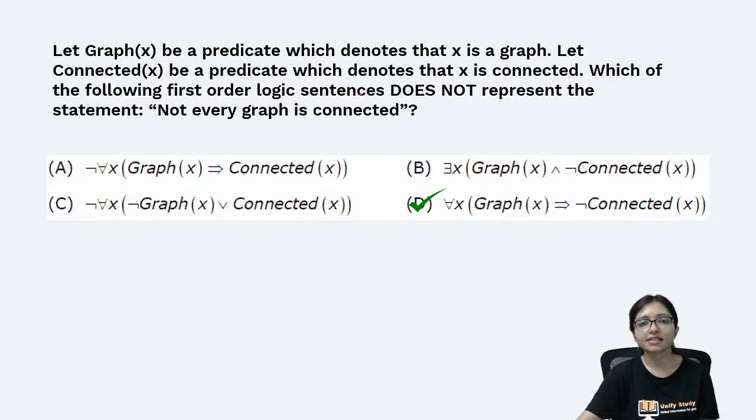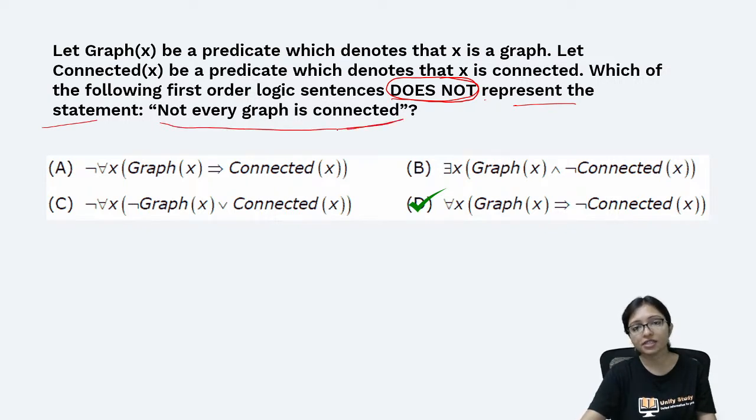It is asking which of the following first order logic does not represent the sentence: not every graph is connected. Not every means not for all. I can write not for all X, graph X and connected X.